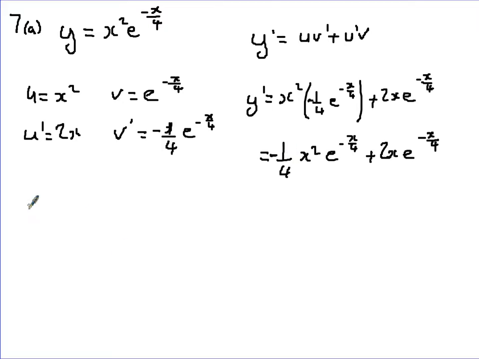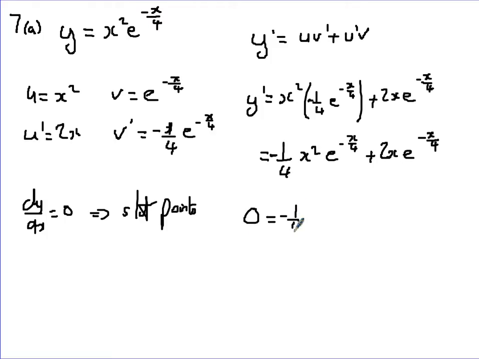Now I'm going to set this equal to 0. So dy/dx equals 0 implies stationary points. So 0 equals minus a quarter x squared e to the minus x over 4 plus 2x e to the minus x over 4. So first thing we can do is work out what we can times out here.